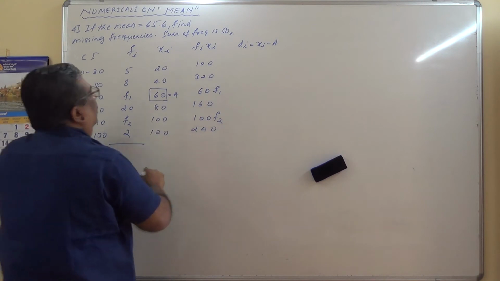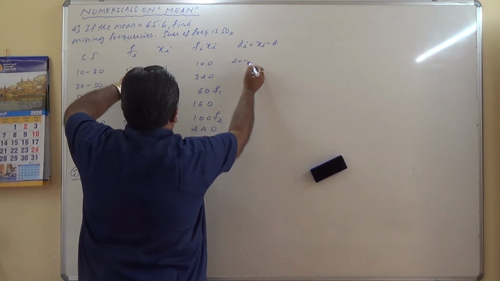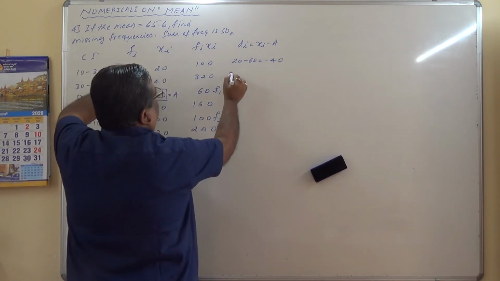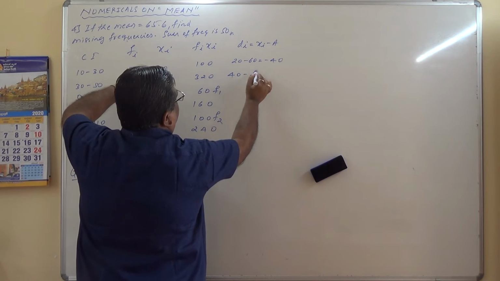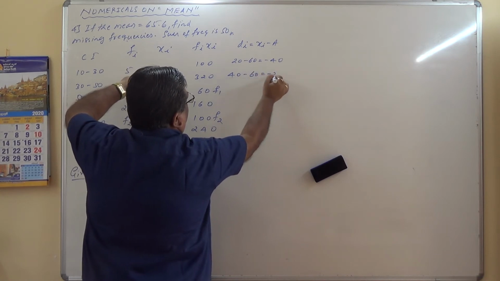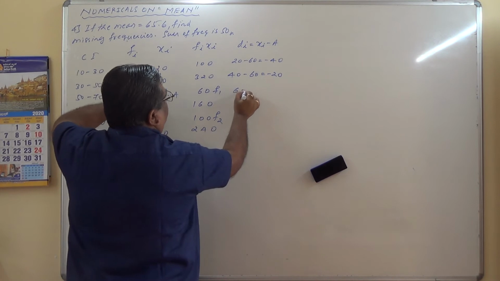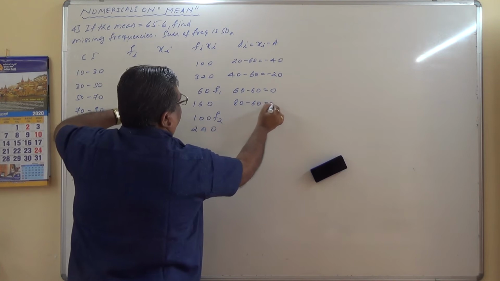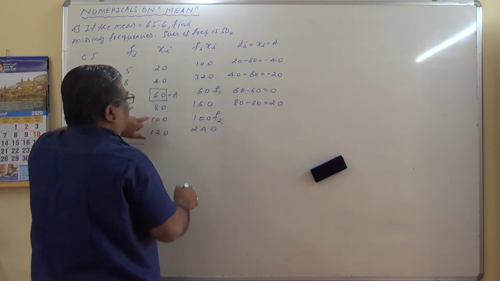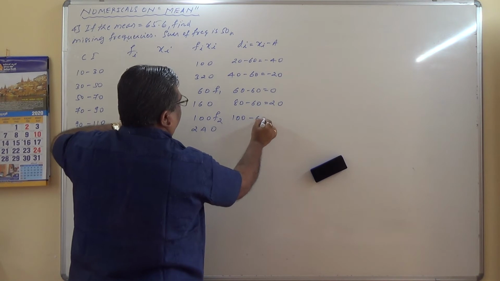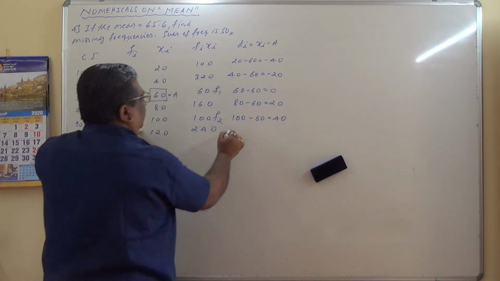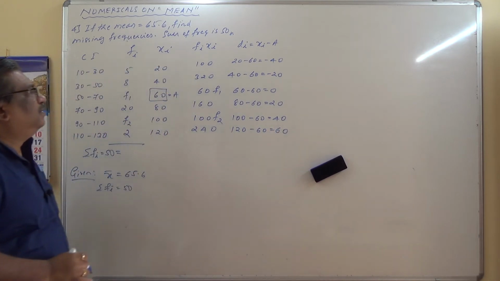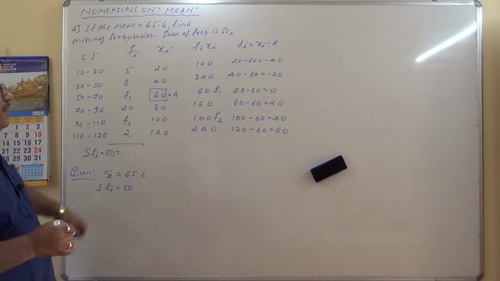So 20 minus 60 is minus 40, 40 minus 60 is minus 20, 60 minus 60 is 0, 80 minus 60 is 20, 100 minus 60 is 40. So this is what I have got, di. This is xi minus a.